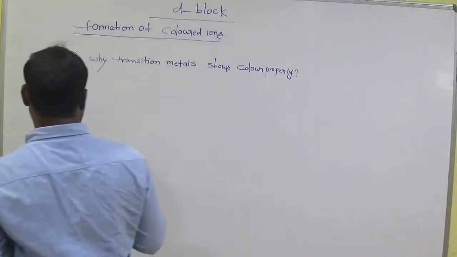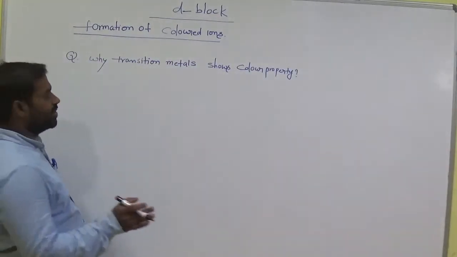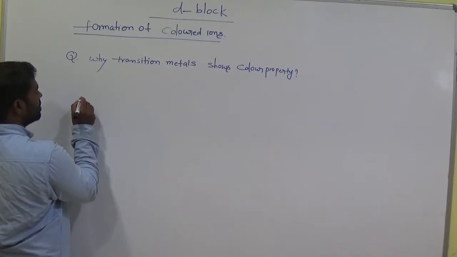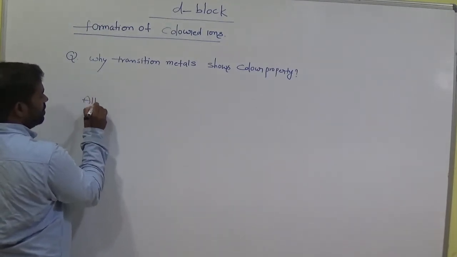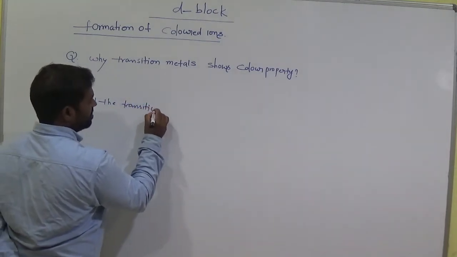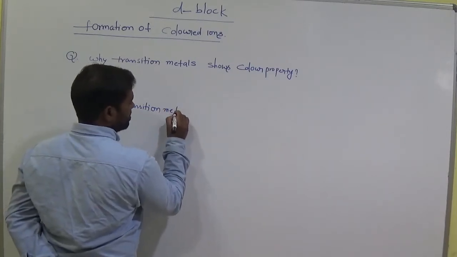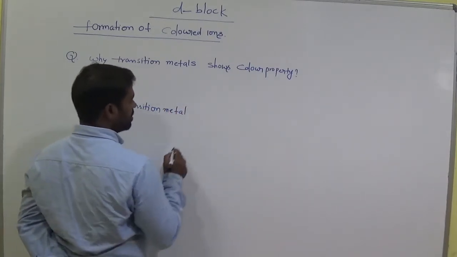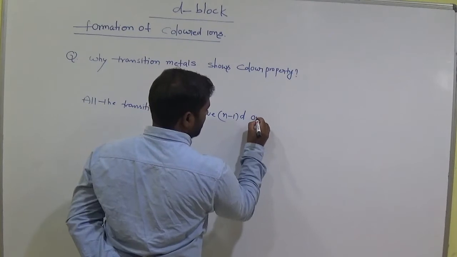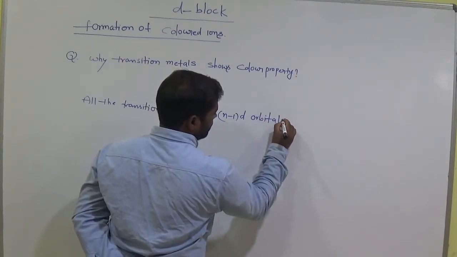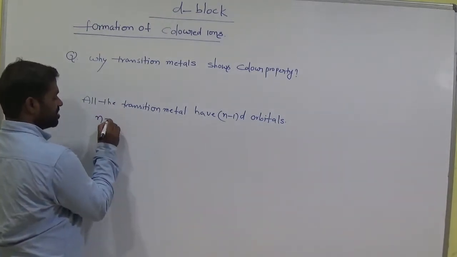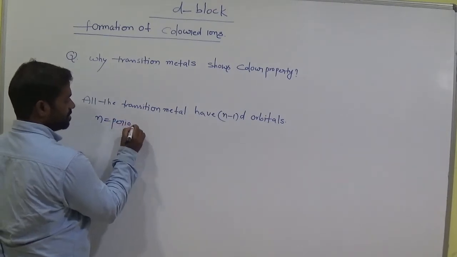Okay, let's see. Now we are going to discuss this one. All the transition metals have n-1 d orbitals, where n is the period number.